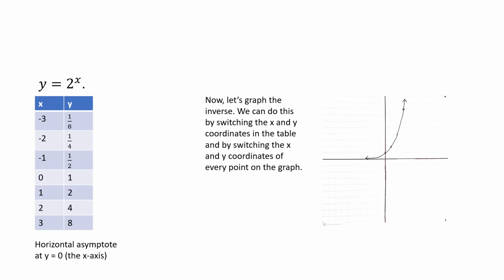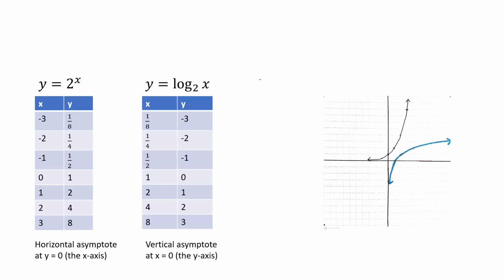So we've got the x and y coordinates of the exponential function right there. We can make a new table of values where all we're doing is switching them. So negative 3 comma 1/8 becomes 1/8 comma negative 3. Negative 2 comma 1/4 becomes 1/4 comma negative 2. And then we're plotting these points in the second table, and we're graphing the blue curve.